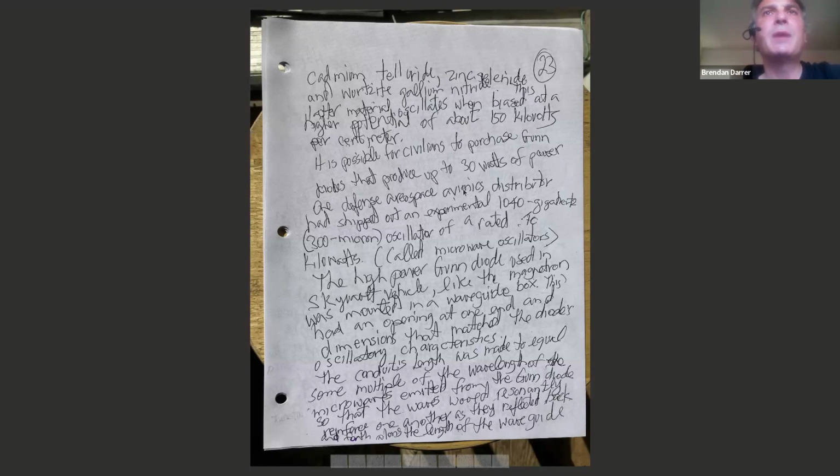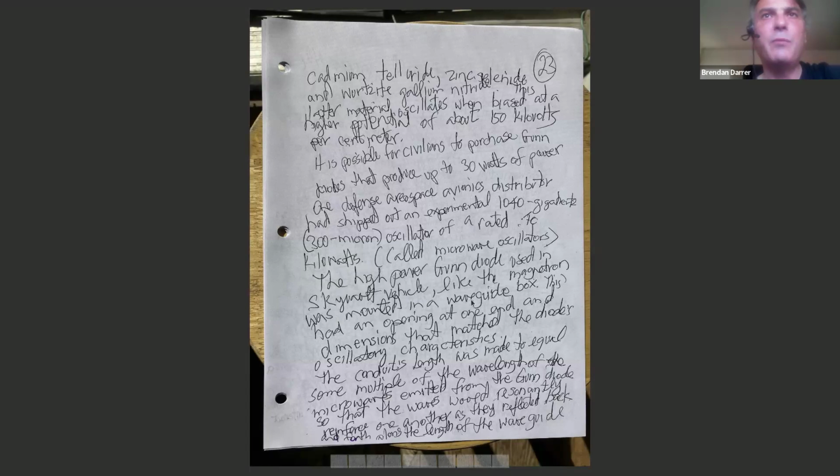One defense aerospace avionics distributor had shipped out an experimental 1040 gigahertz, 300 micron oscillator of a rated 70, is that 70? 70 kilowatts. Yeah, or 40. I think it might say 40 kilowatts. Called microwave oscillators.